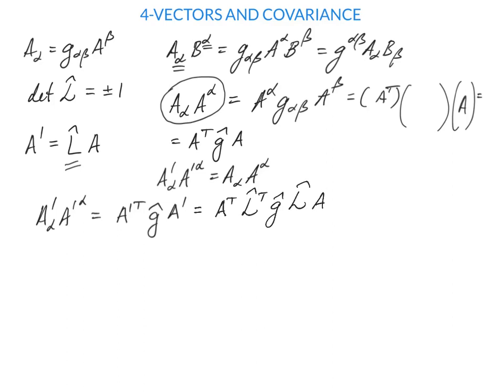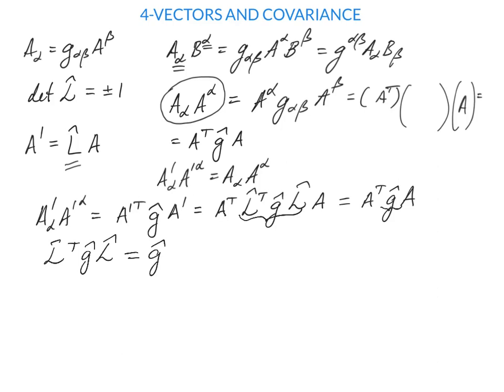Now, this expression should always be equal to A transposed g A because of this. Because A is an arbitrary vector, it means that this matrix and this matrix have to be identical. So L transpose g L must be equal to g.